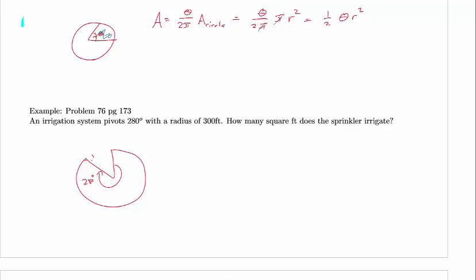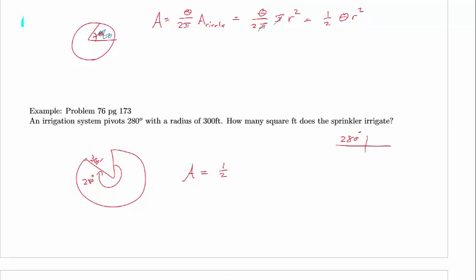There's our circle, so we just go, okay, the area of the sector equals 1/2. Well, right now we've got it in degrees, so let's go ahead and take care of that right now at the beginning so we don't have to do it later.